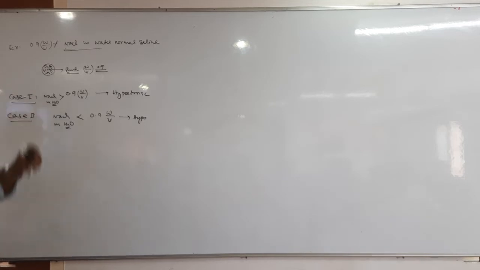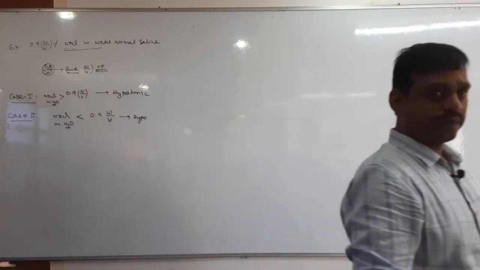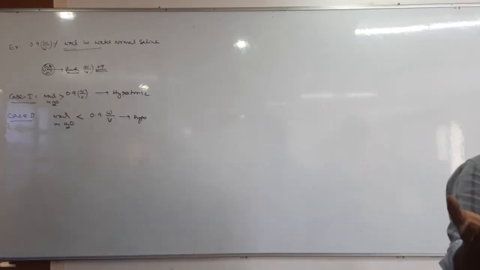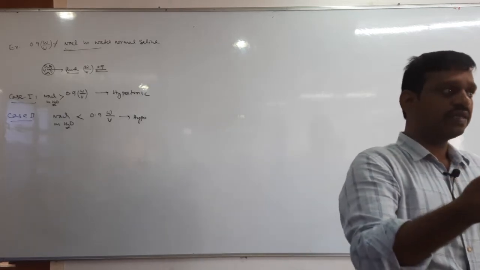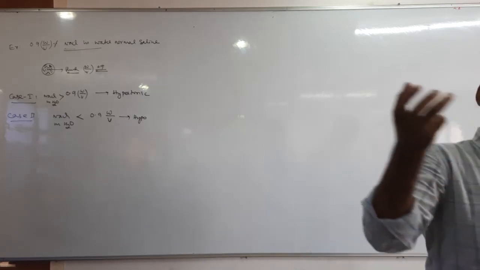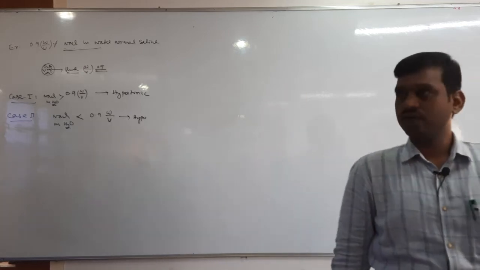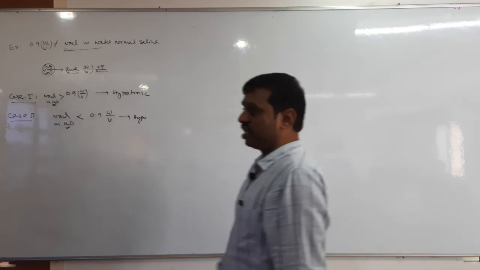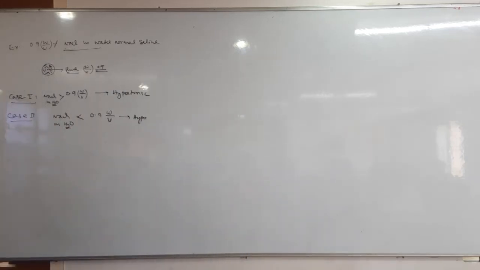We are taking an example for isotonic, hypertonic, hypotonic. The example taken is normal saline. We all know saline water is used intravenously to get immediate energy, which of course has glucose also, and electrolytes. Saline is actually 0.9 W by V NaCl in water, which is called normal saline water.